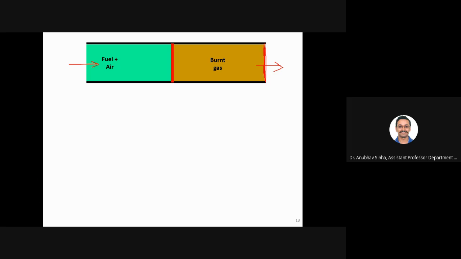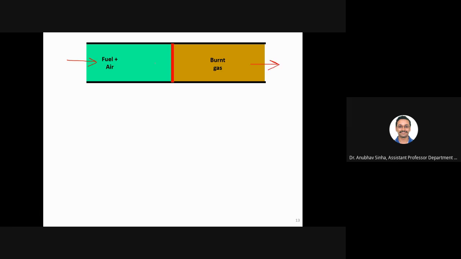You are filling it with burned gases. This will rise in pressure. It will not allow it to be stationary. Please understand that. To have it stationary, the simplest thing I can do is have an open tube. So gas is coming freely from here, gas is freely leaving from here.